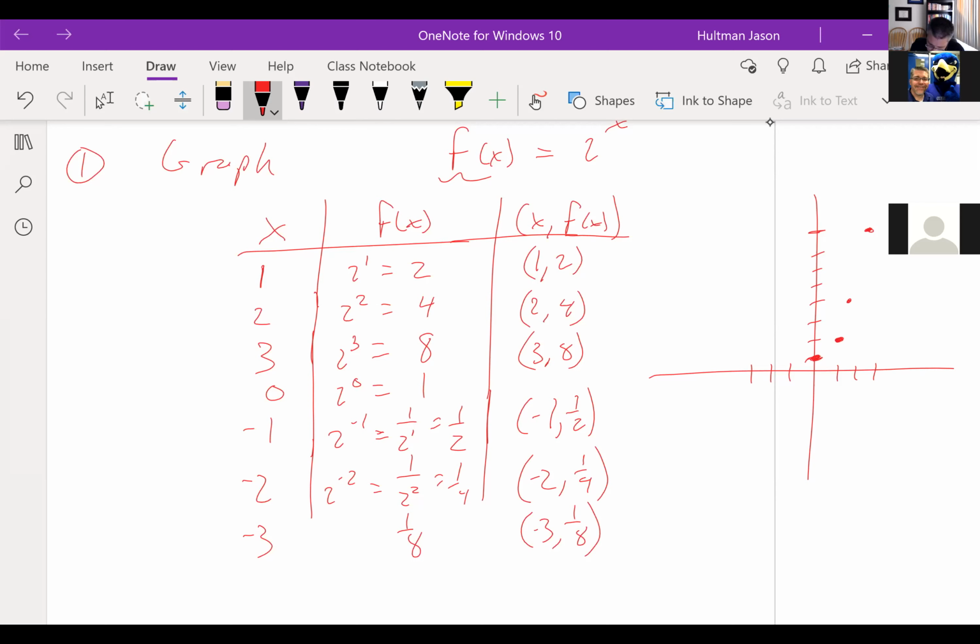At negative 1, I'm at 1/2. Then I'm at 1/4, and then I'm at 1/8. I'm just going to keep getting closer and closer to this line. And it goes up, and this is an exponential curve. It starts going up really fast. And this is y equals 2 to the x power.